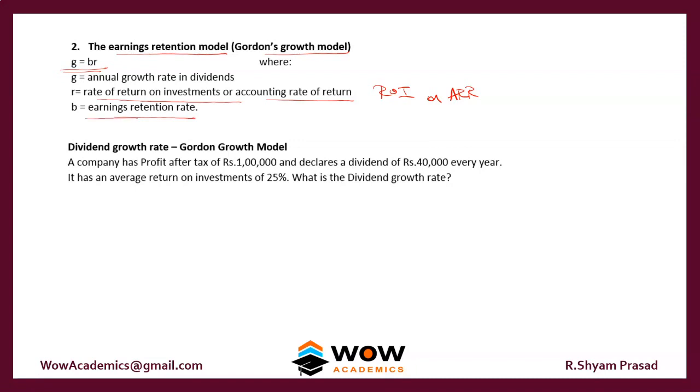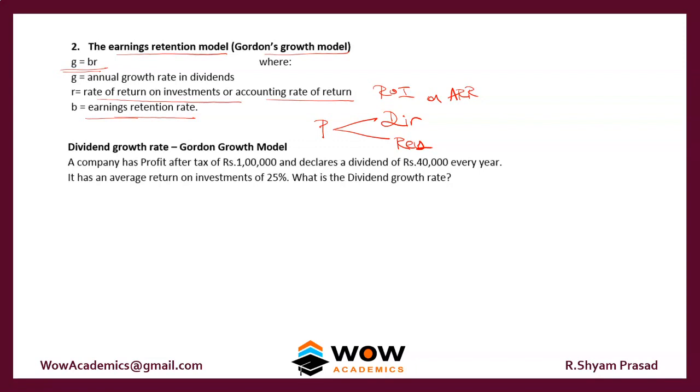Retention rate: if a company earns profit, it can do two things with that. One, it can declare it as dividend, or have it as reserve. So retention rate is how much of the profit is retained.